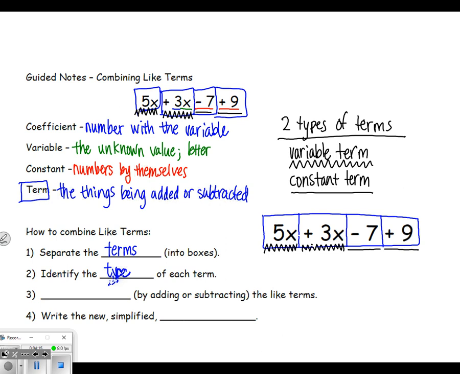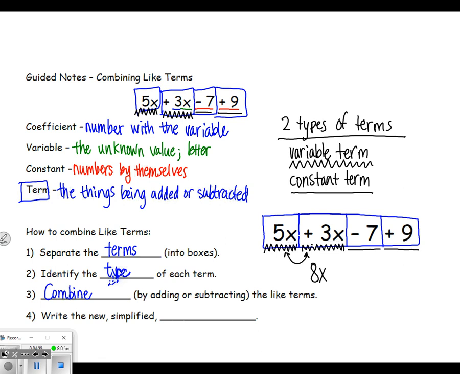The next thing we need to do then is combine the like terms by adding or subtracting, as the case may be. So, if I'm going to combine 5x and 3x, if I have 5 x's and then 3 more x's, that gives me 8 x's.